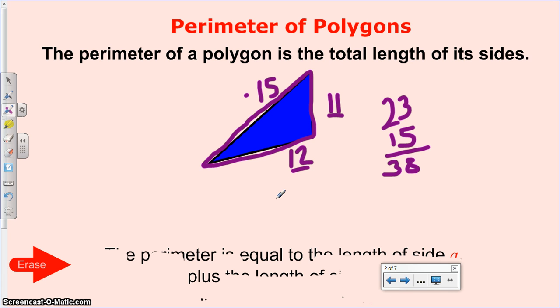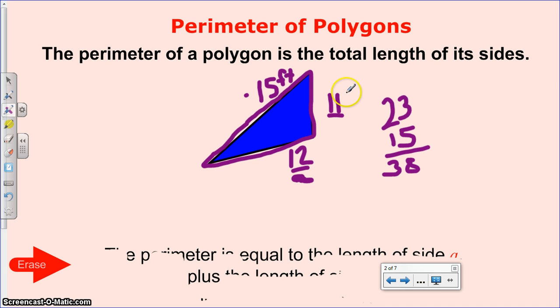And the outside measurements can be measured in all sorts of different units of measurement. They could be measured in feet, inches, centimeters, yards, and in miles even. We're not going to really get into the different measurements, but if this was labeled with an FT, that means this would be measured in feet.